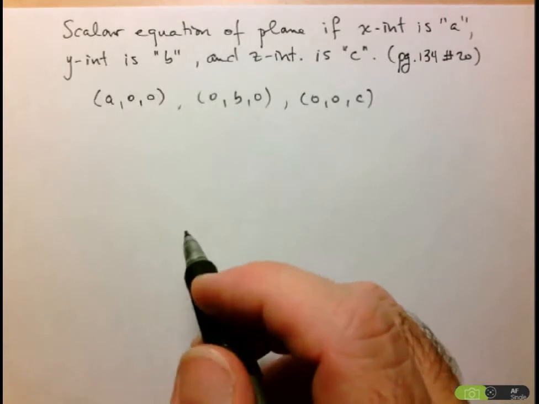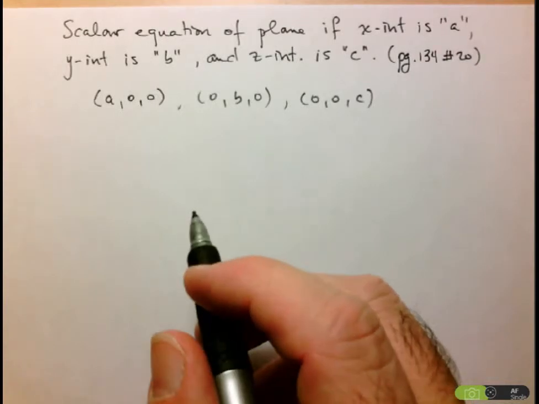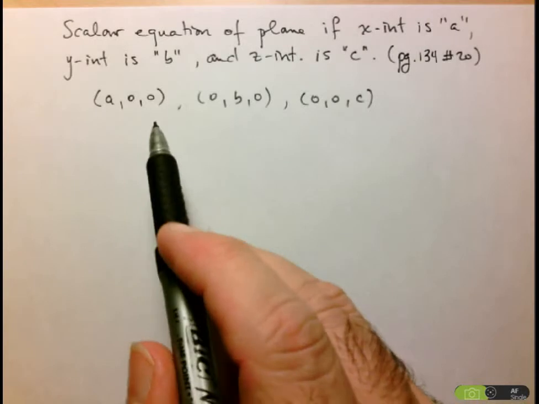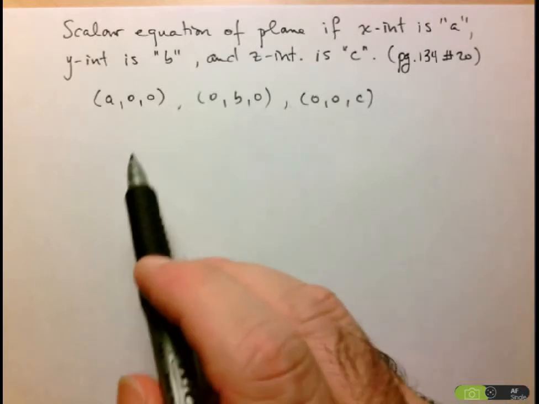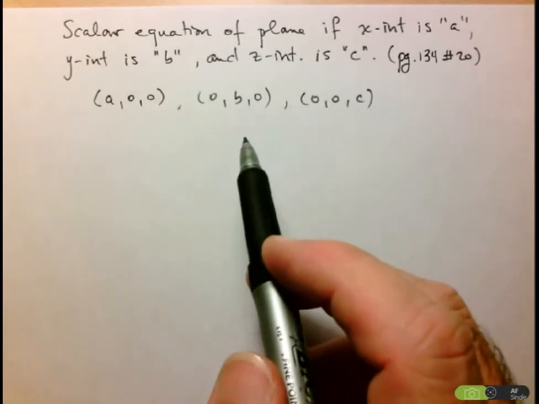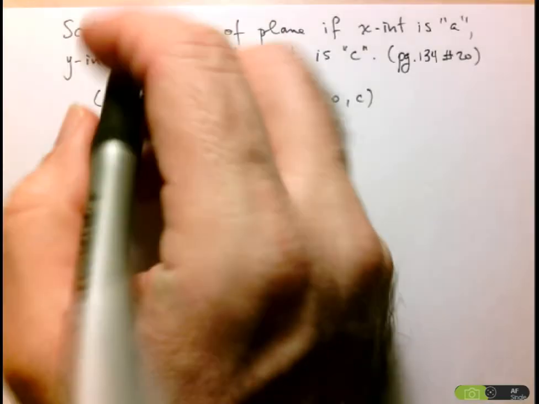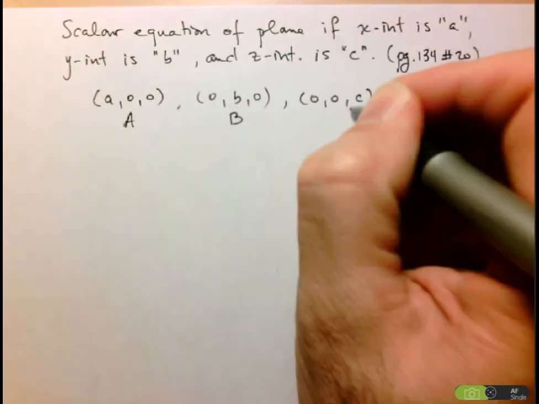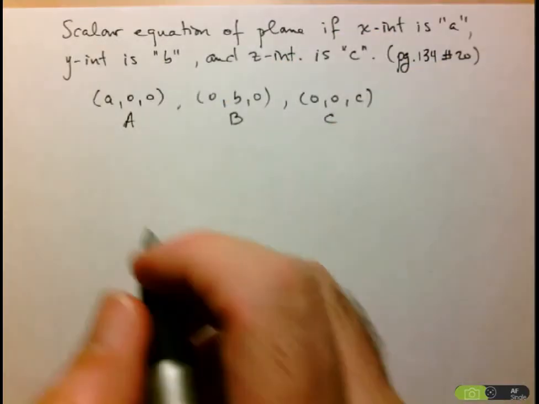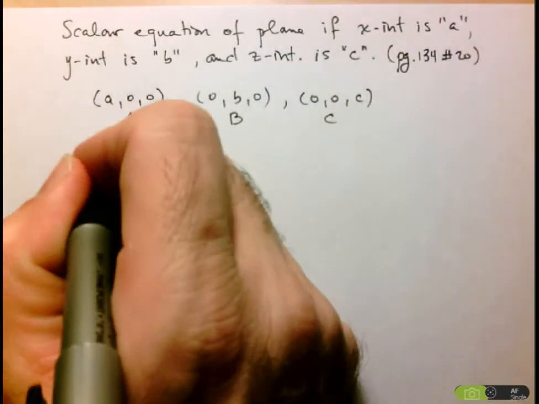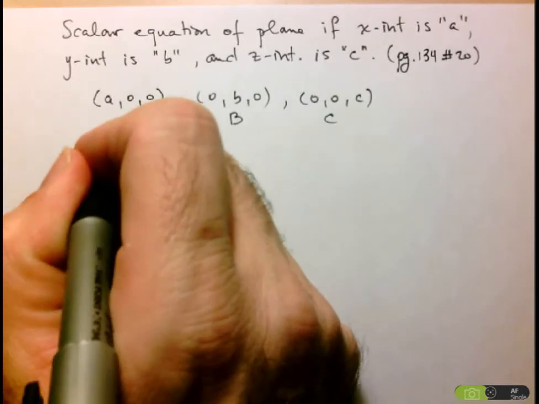The way to get the normal vector is to create two direction vectors using these 3 points, and then take the cross product to find a normal vector. Let's call these point A, point B, and point C. First, I'll create the vector AB.